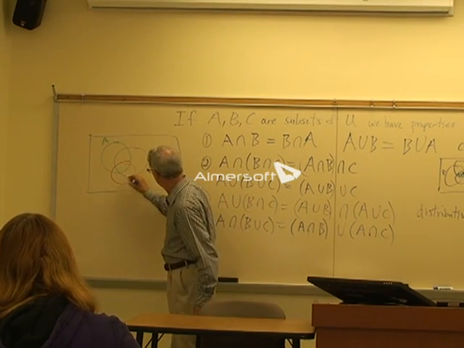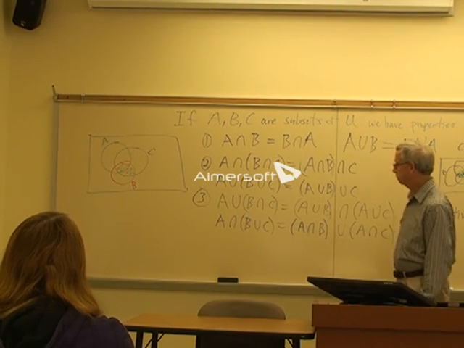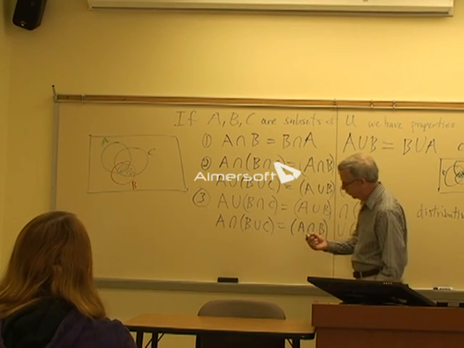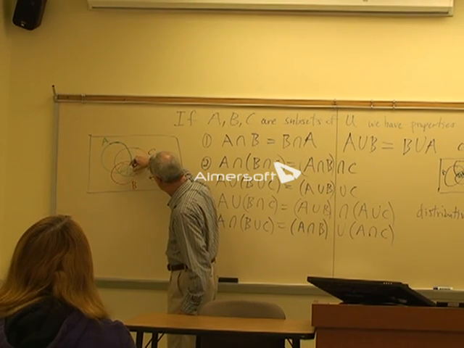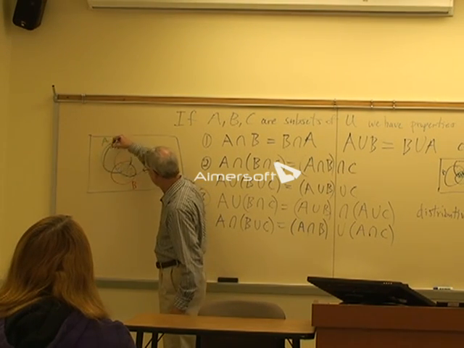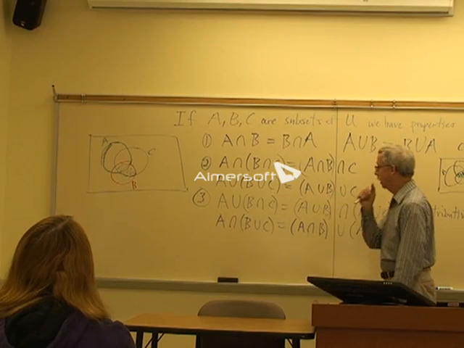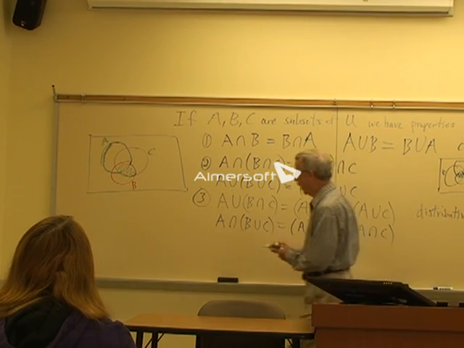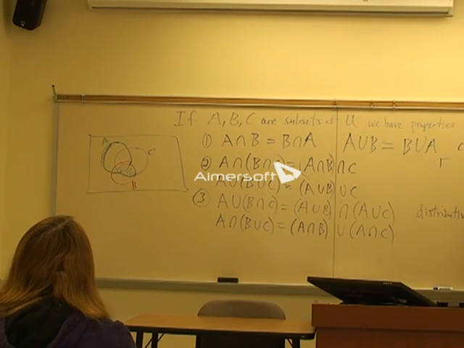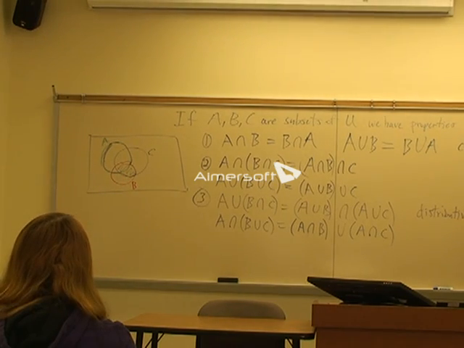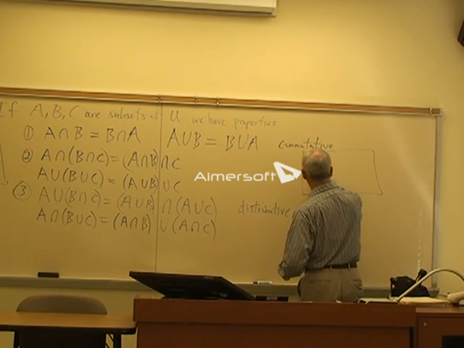Well, B intersect C is that piece. If I form the union of that with A, I end up with this monster. That's A union B intersect C. Let's draw it the other way. Yeah, this side. So I can keep them both up there. The box, of course, represents my universe.